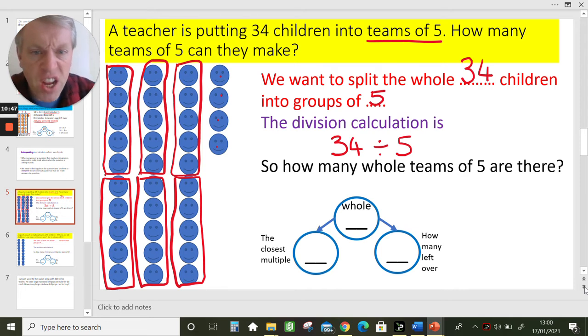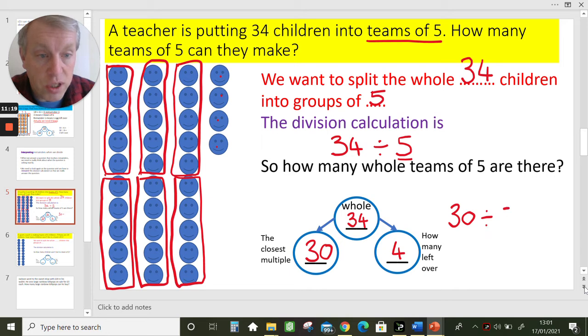So the division calculation is 34 divided by 5. We were counting up in groups of 5. So we're splitting our 34. What's the closest we can get to on the 5s? It was 30. Sorry, the whole 34 we are splitting into the closest multiple of 5, 30 and 4. 30 children put into groups of 5 makes 6 groups of 5.